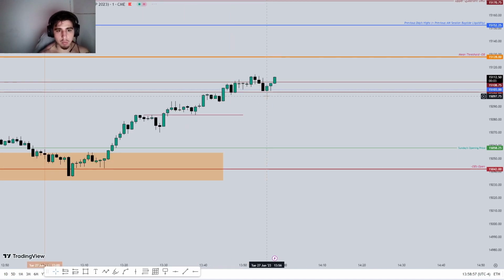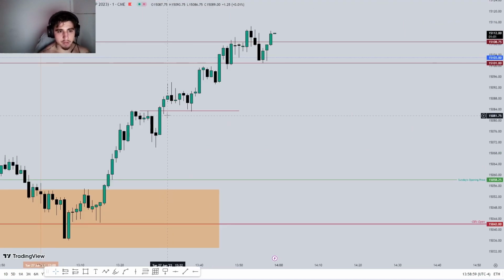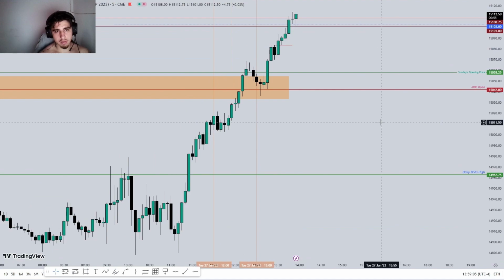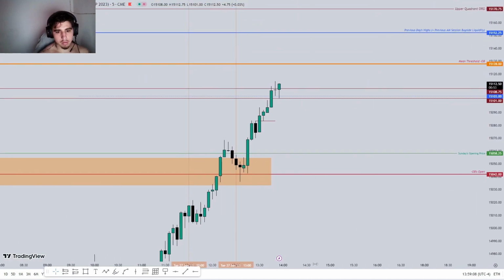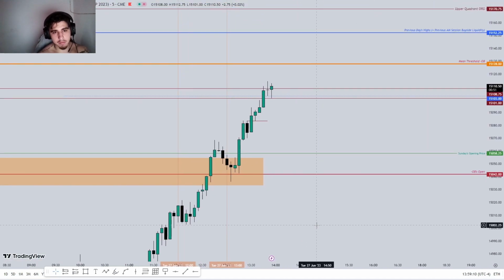If I take a look at the 1-minute chart, these are not small ranges, but I believe that if we take on this high, then we can reach up into that 15128 level.